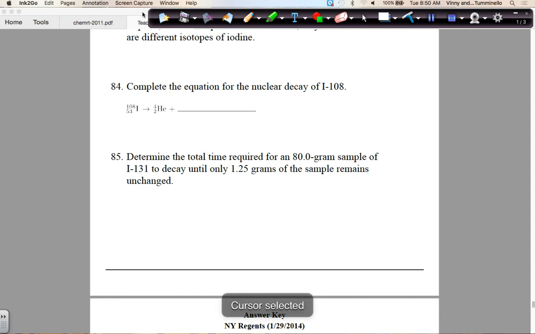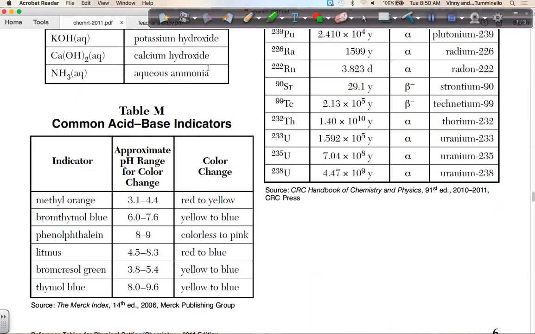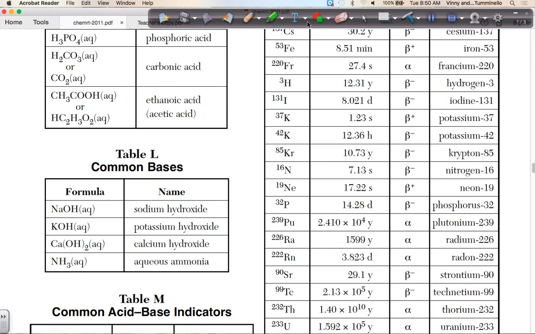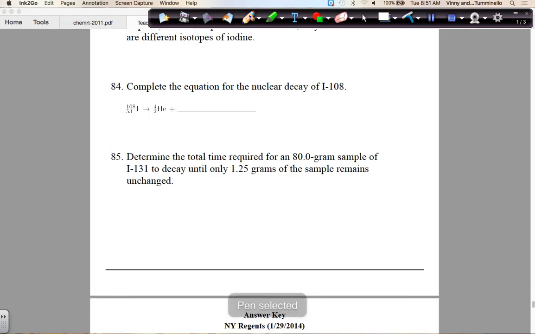If we find iodine 131, the time for one half-life is 8.021 days. So 8.021 days is one half-life period. We want 80 grams to go down to 1.25.